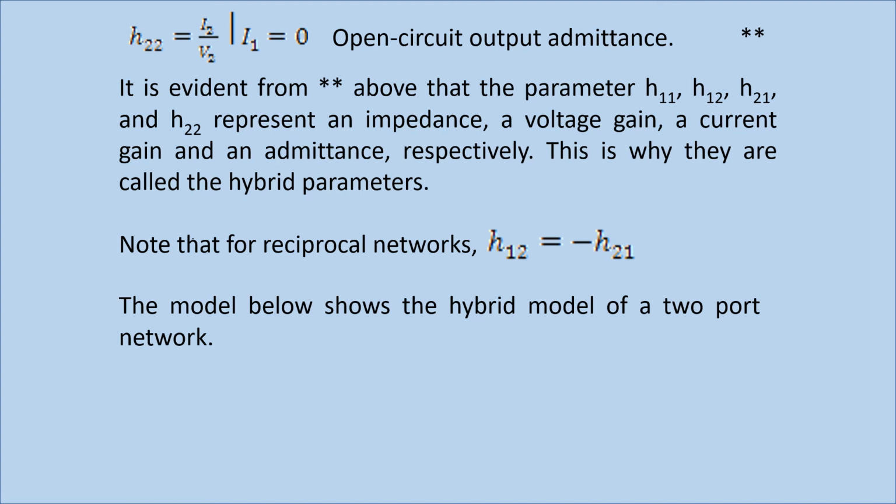For hybrid parameter, the reciprocal network condition is H12 equals minus H21. Remember, for impedance parameter, our reciprocal network is Z12 equals Z21, and for admittance, it is Y12 equals Y21. But for hybrid parameter, it is H12 equals minus H21. The negative sign is the only difference.